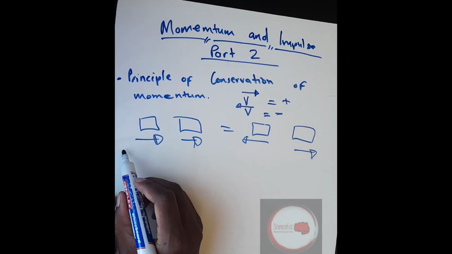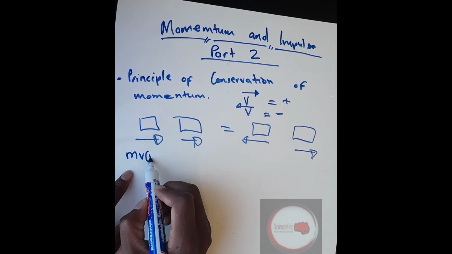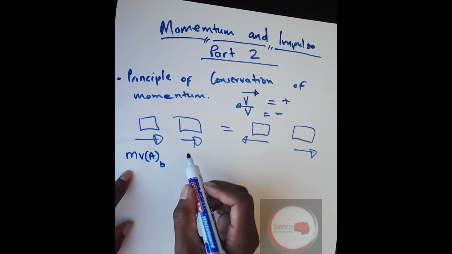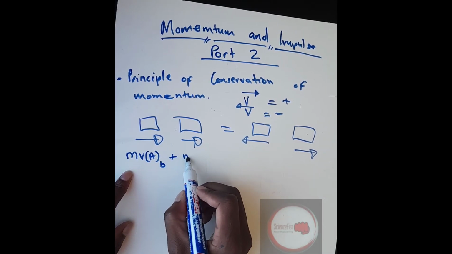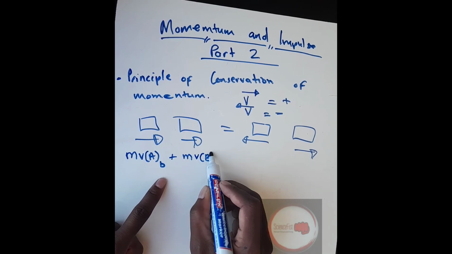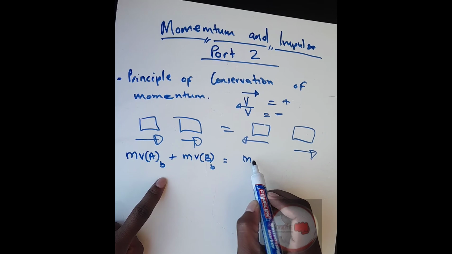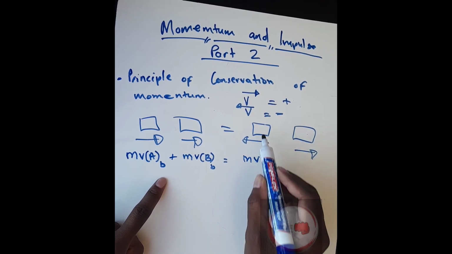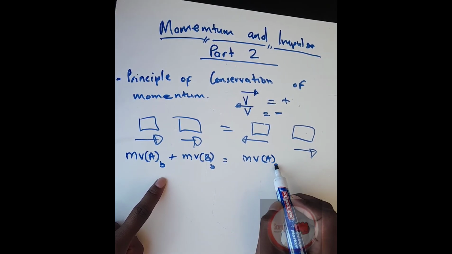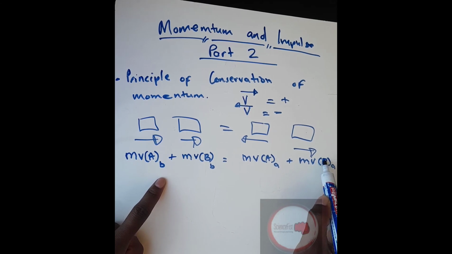So I will have mv for this object, let's say A before, plus mv for this object, let's say B before, is equal to mv A after plus mv, no, this is B after.